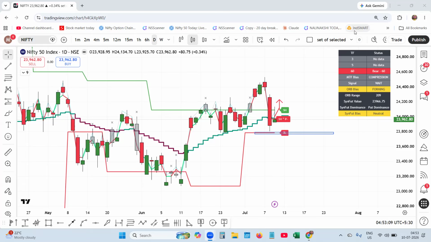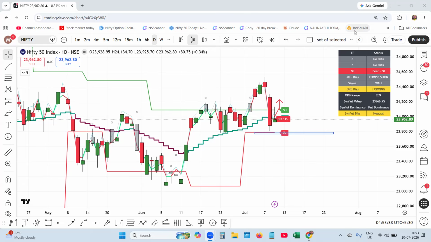This becomes a very powerful clue. Why is synthetic future important? Many times, spot price tells one story, the option chain tells another story, and synthetic future reveals the hidden story. Think of it like an X-ray machine. The market may look bullish outside, but synthetic future may reveal weakness inside.